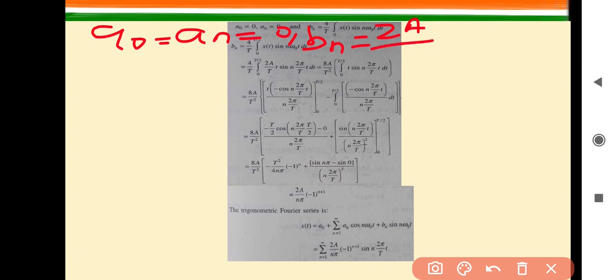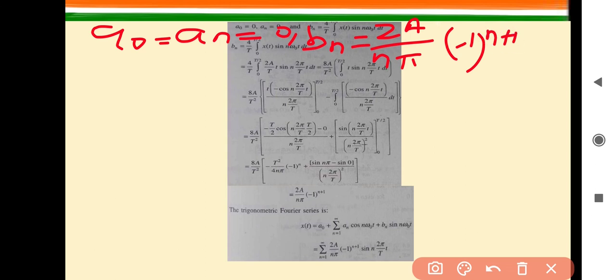So all the coefficients are known. A naught is equal to 0, an is equal to 0, and bn, what we have calculated, is 2a upon n pi into minus 1 power n plus 1.